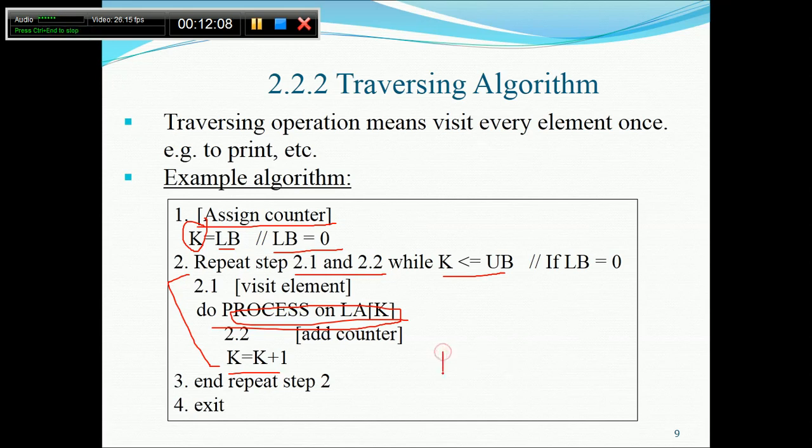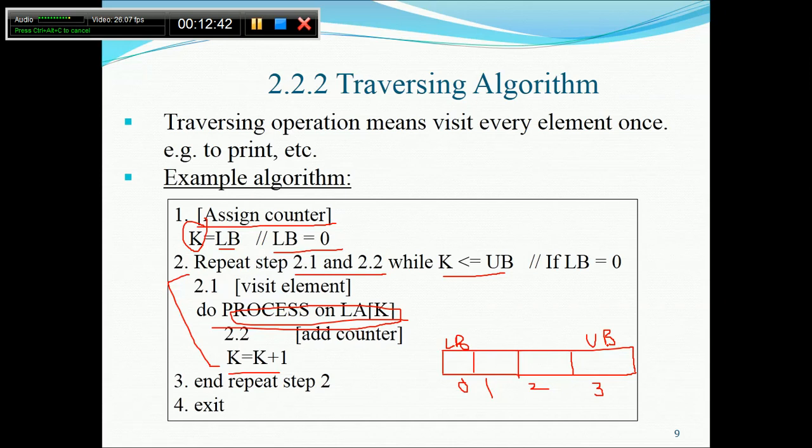Suppose this is the array we have. So this is 0, 1, 2, 3. This is our lower bound, and this is our upper bound.